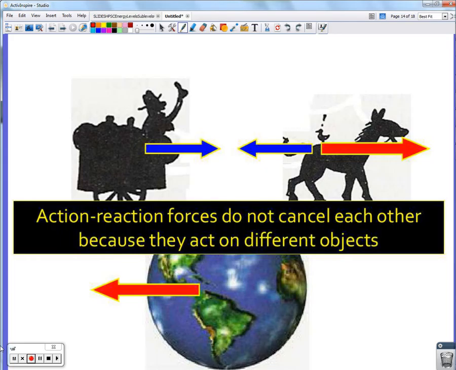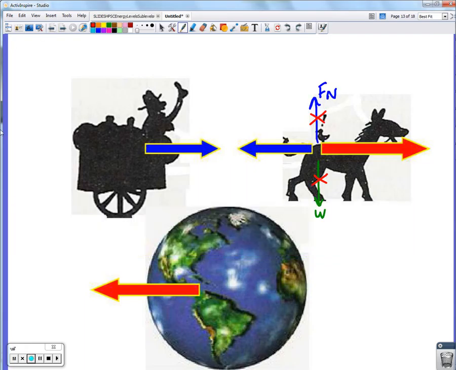So our horse mistakenly misinterprets Newton's third law to say that any forces that are equal and opposite would cancel. Forces that are equal and opposite on the same object cancel, like the weight and the normal force on this horse, but forces that are equal and opposite on two different objects, like these red arrows or these blue arrows, don't cancel each other out.